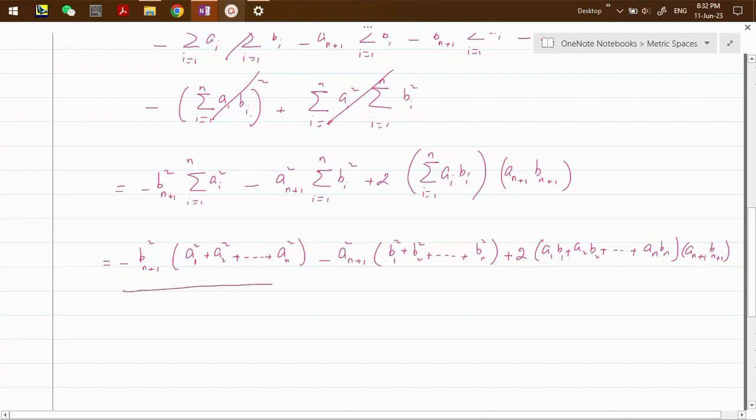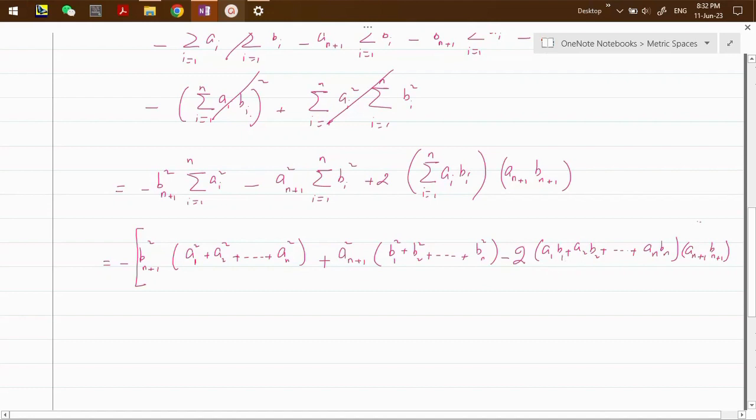If we take common from this entire term, then we see that here inside what we have, the signs are changed, and this is with plus sign, and this one is with the negative of 2 times a1 b1 plus a2 b2 and so on an bn into a(n+1) into b(n+1).